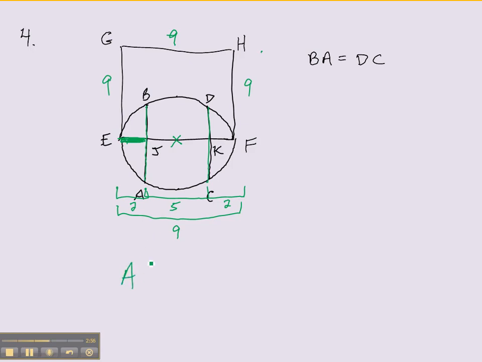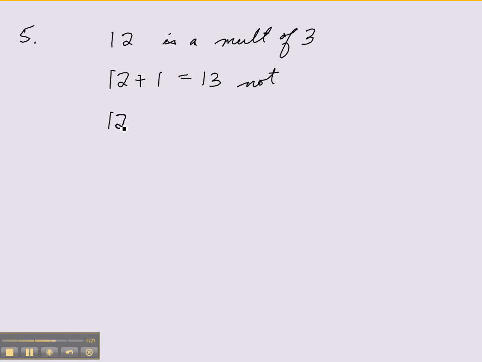Okay, number 5, we're asked to consider multiples of 3. Real quick, before we work the problem, let's just look at a multiple of 3 like 12. If 12 is a multiple of 3, then 12 plus 1, 1 more than 12, is not a multiple of 3. 12 plus 2 cannot be a multiple of 3. But 12 plus 3 is a multiple of 3.